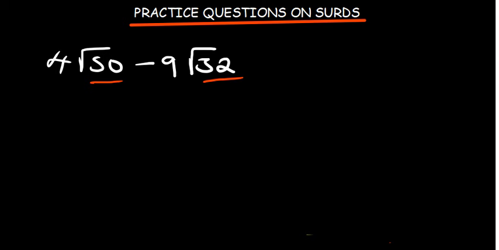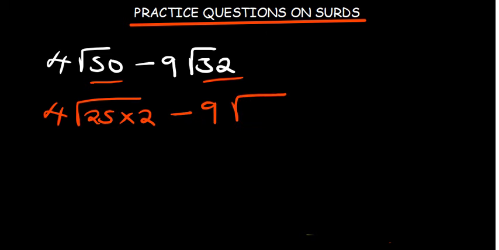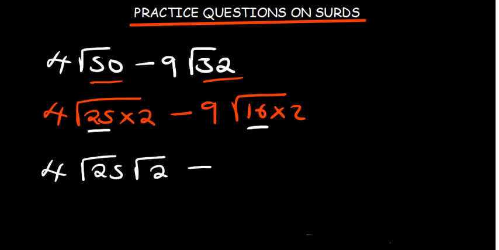So 50 is the same as what? 25 multiplied by 2. Then minus 9. 32 is the same as 16 multiplied by 2. Which is already coming out because we know we can simplify the root of 25 and the root of 16. So we have 4. We can split that in the brackets. Root of 25, root of 2, minus 9, root of 16, root of 2.